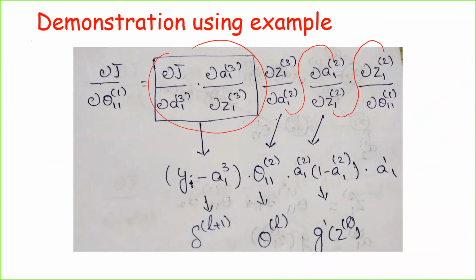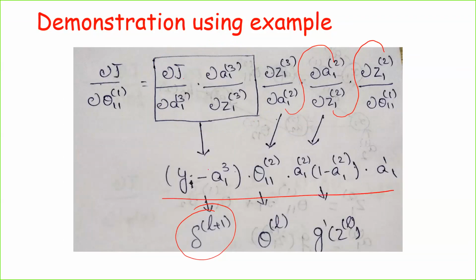So the backpropagation algorithm elegantly makes use of what is already computed. That's the reason why it is taking the corresponding error terms. It is multiplying with the corresponding previous error terms to avoid redundant calculations, without having to recompute them again, right? That's the beauty of the backpropagation algorithm. Similarly, you observe that all these terms are already computed.